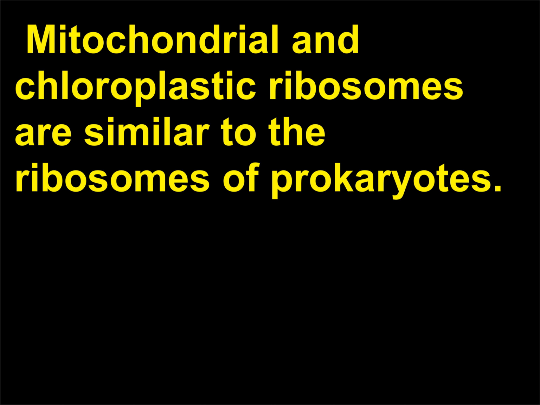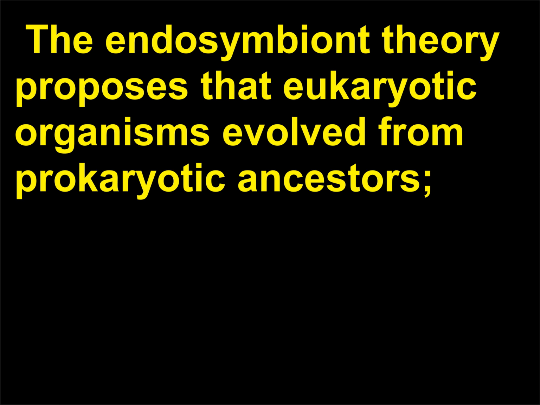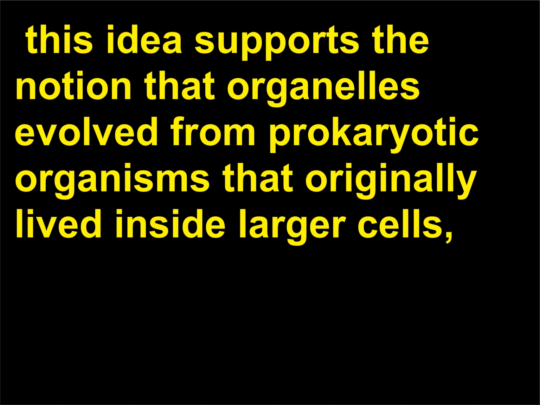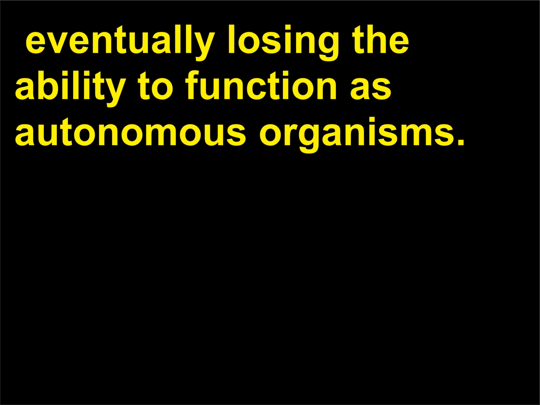Mitochondrial and chloroplastic ribosomes are similar to the ribosomes of prokaryotes. The endosymbiont theory proposes that eukaryotic organisms evolved from prokaryotic ancestors. This idea supports the notion that organelles evolved from prokaryotic organisms that originally lived inside larger cells, eventually losing the ability to function as autonomous organisms.